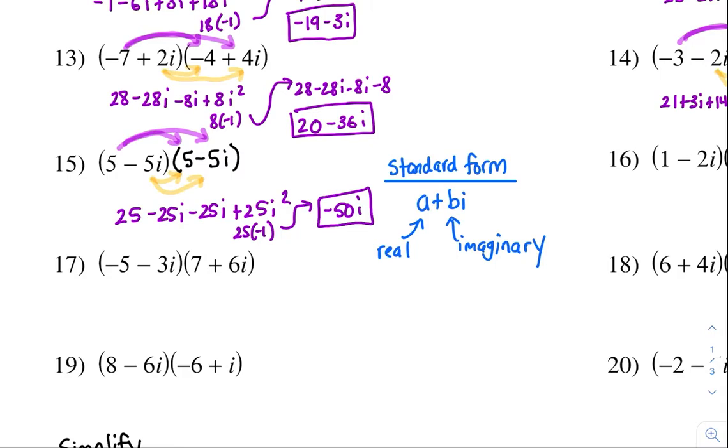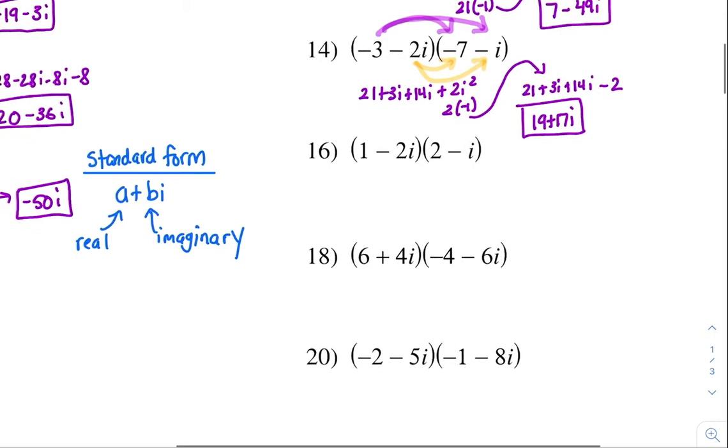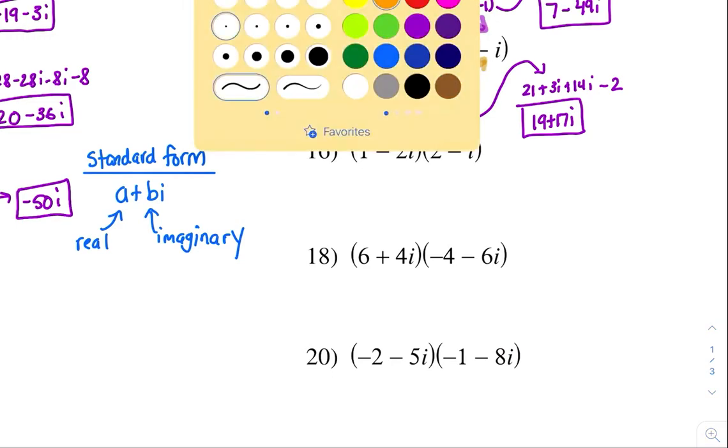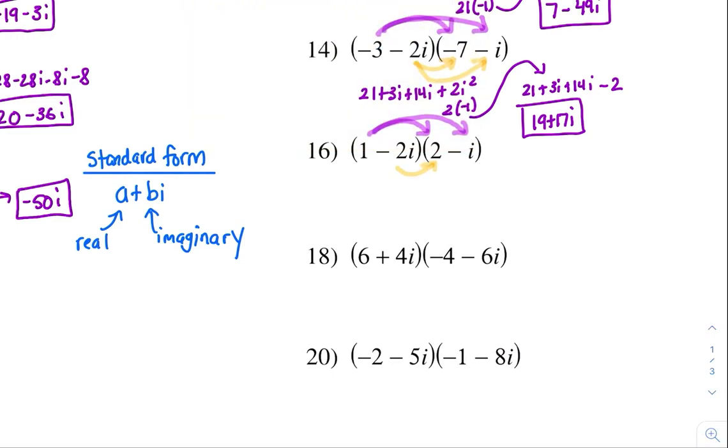Okay. 16. Again, distribute. So following purple, right? 1 times 2 is 2. 1 times negative i is negative i. Negative 2i times 2, that's negative 4i.